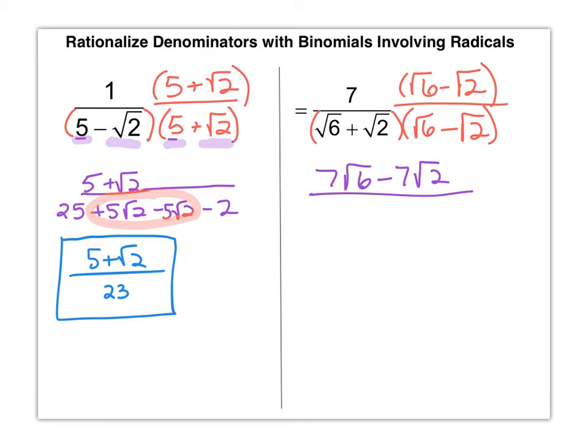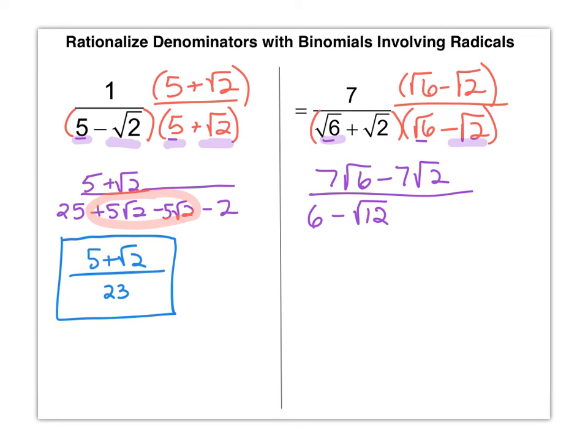And in the denominator, we can do the FOIL, the first, outer, inner, last. The square root of 6 times the square root of 6 is the square root of 36, which is 6. The outer is the square root of 6 times the minus square root of 2, which will be minus the square root of 6 times 2, or minus the square root of 12.